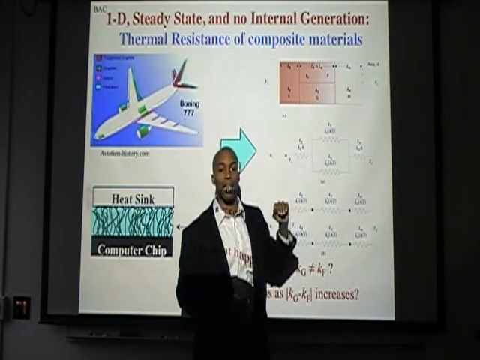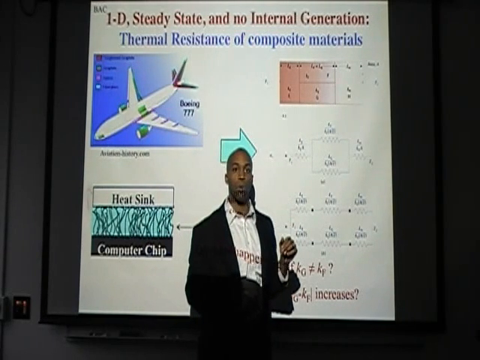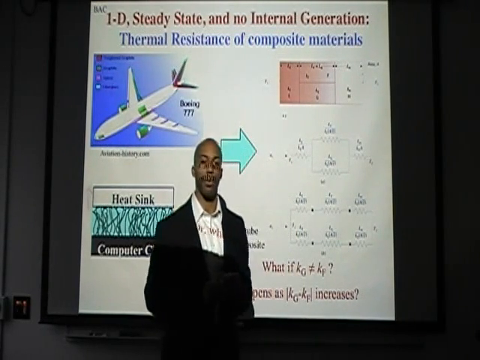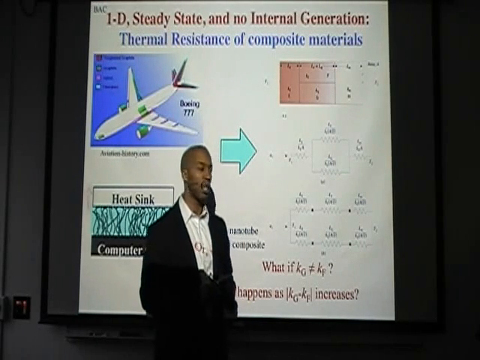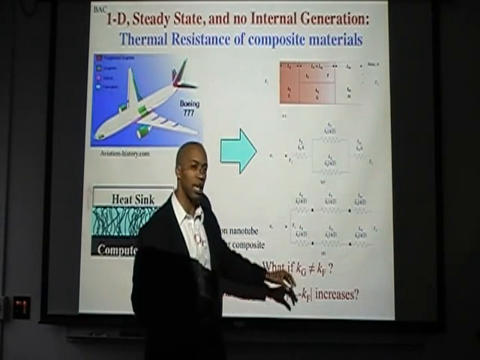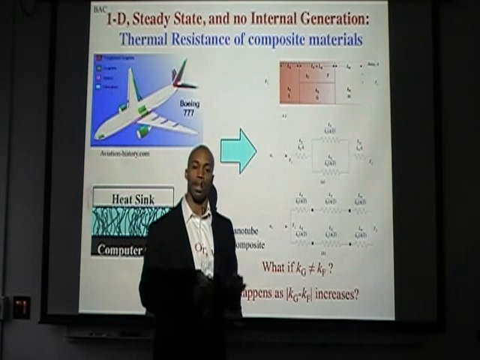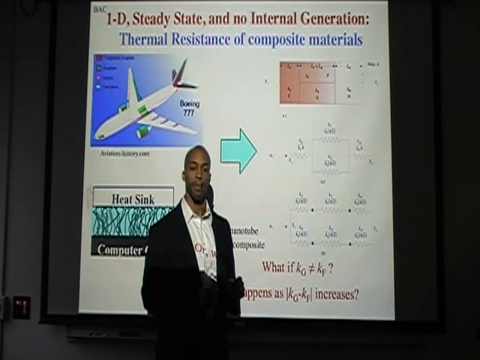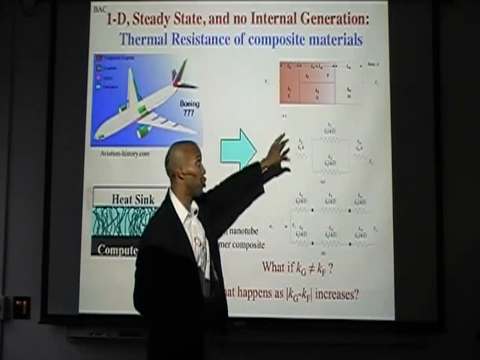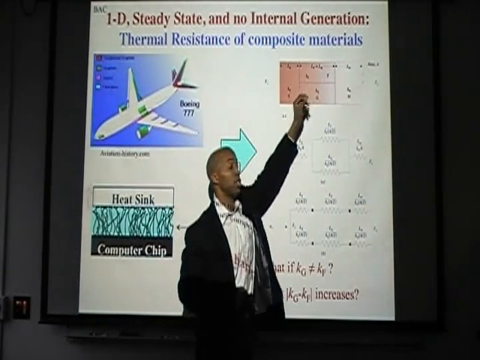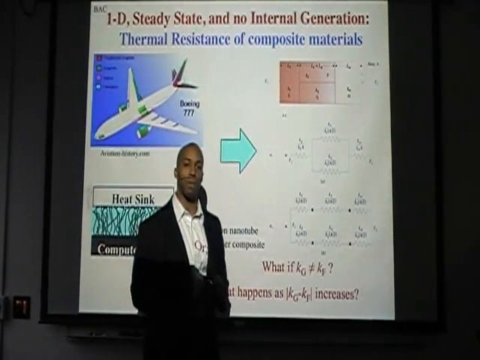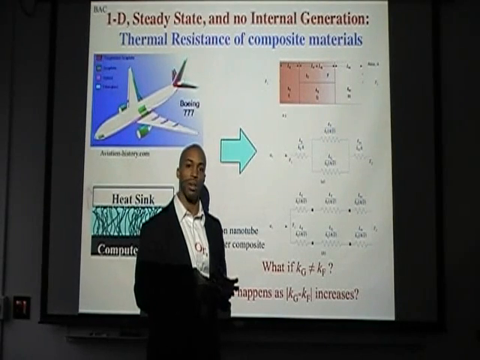But that said, we're talking about it so that we can understand the limitations of applying a resistive network model like this to a composite material. You can still choose to represent it with this resistive network model, even if this thermal conductivity is high and this one's low.